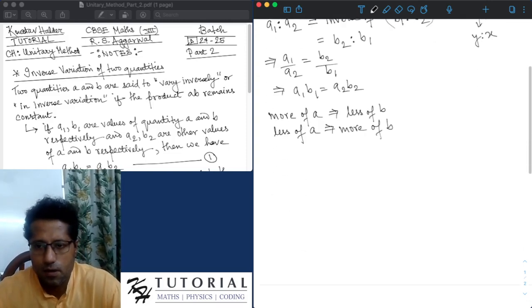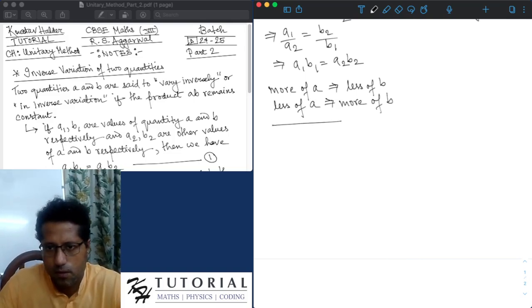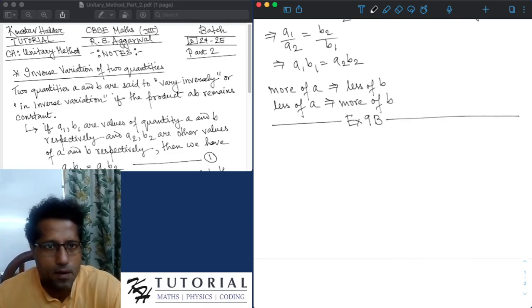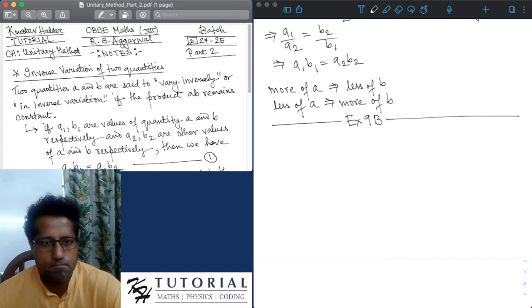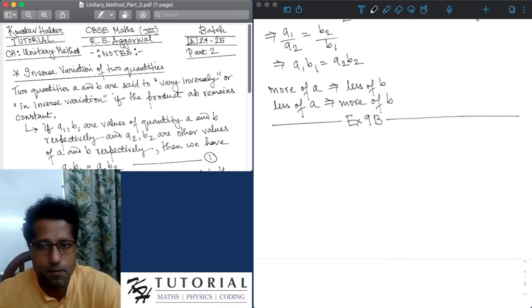So now let's start solving the problems of exercise 9b. I will try to solve all the problems. I guess there are 12 problems. Let's see. Now, if you wish to take a screenshot of the notes, you can pause the video and take a screenshot, because I will minimize this PDF and open the exercise problems of exercise 9b.